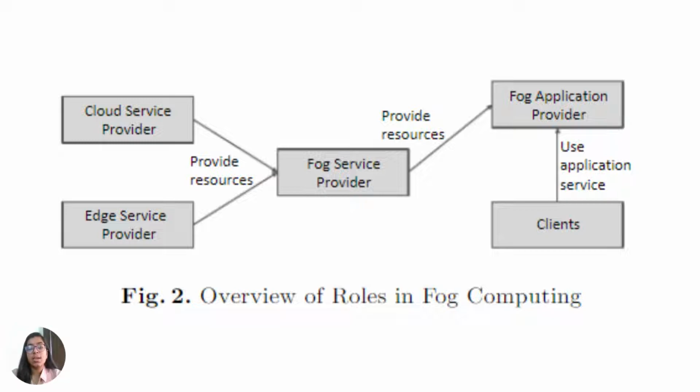In this context, fog service providers may act as resellers. Alternatively, we can say two or more of these roles may be held by the same organization. Finally, fog application providers rent resources through fog infrastructure services and offer their application to clients.